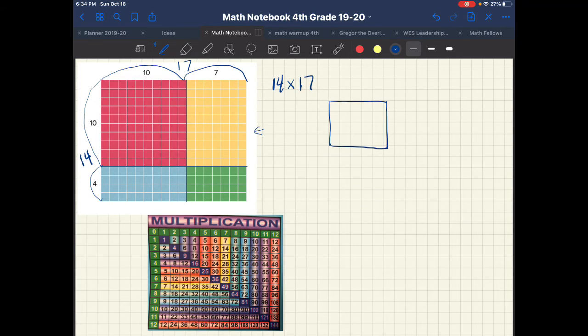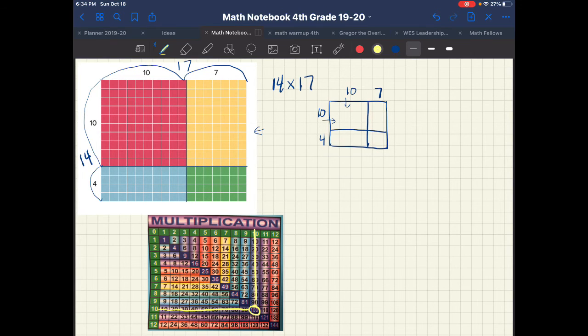So I'm going to break this one side into 10 and 4 to show my 14, and this other side into 10 and 7 to show my 17. And then I just multiply. So 10 and 10 right there, 10 times 10. And we've got, let's see, 10 going down and 10 going across.